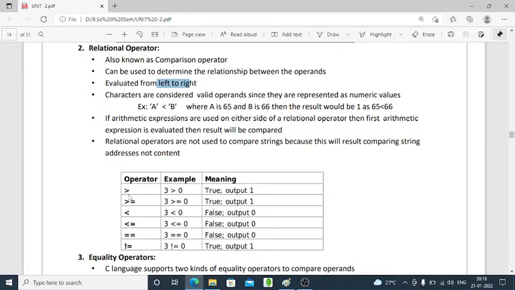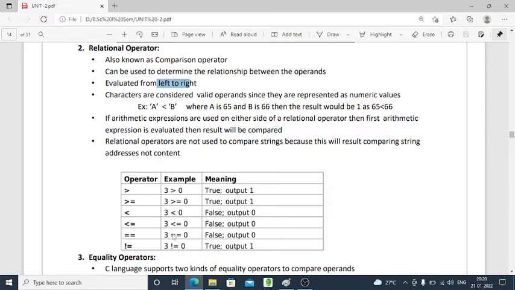These are the different types of relational operators: greater than, greater than or equal to, less than, less than or equal to, equal to, and not equal to. Equal to compares the two values written on either side of the operator.